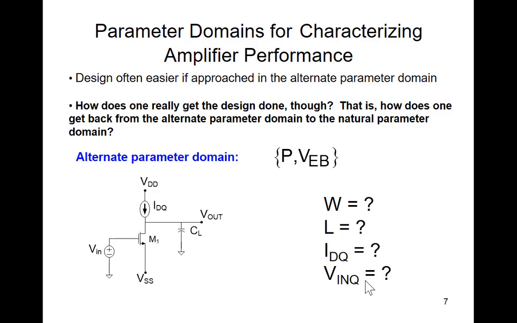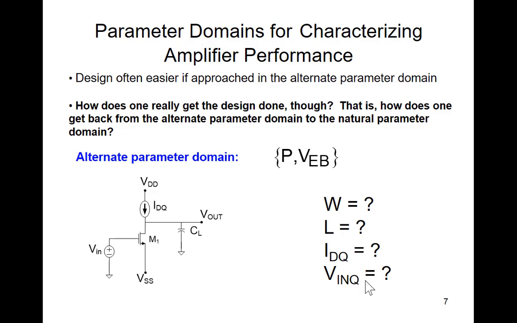Let's go and move backwards now. If we do the design in the alternate parameter domain instead of the natural parameter domain, we've got to eventually get back to the natural design parameters because that's what we put in our circuit. And if there's too much work to get back, then working in the alternate parameter domain may not make a lot of sense.